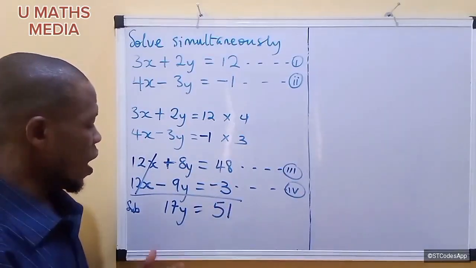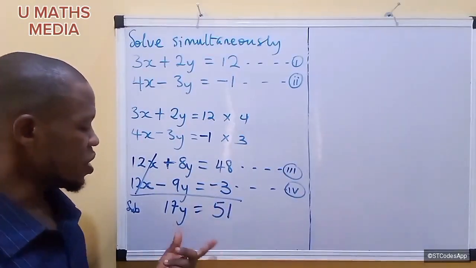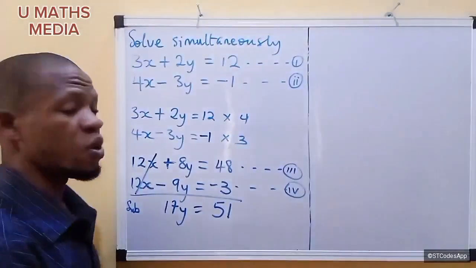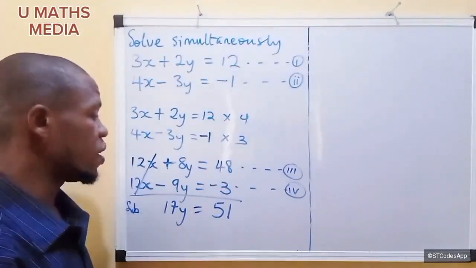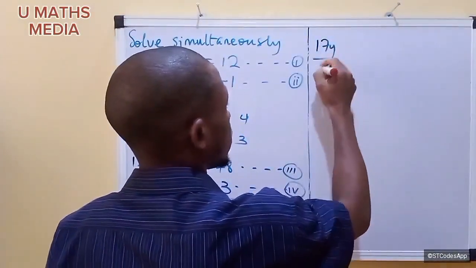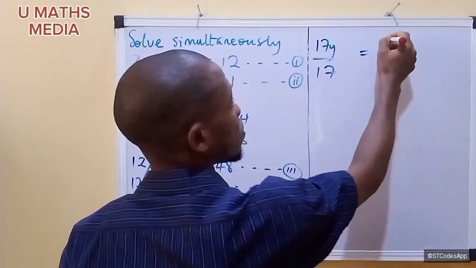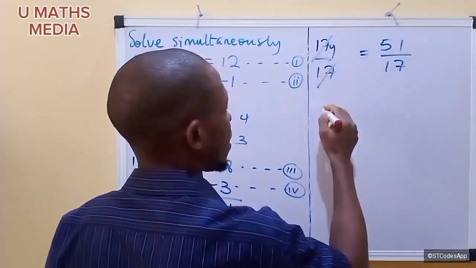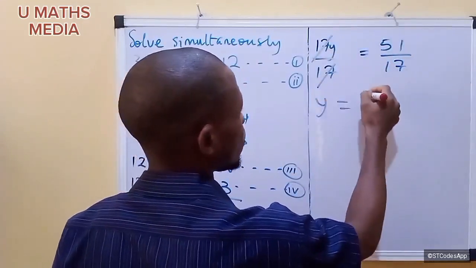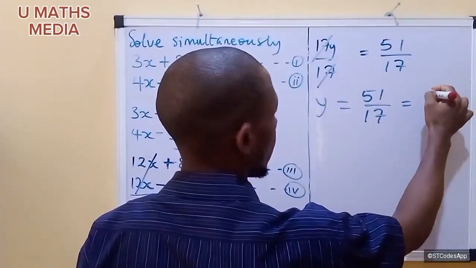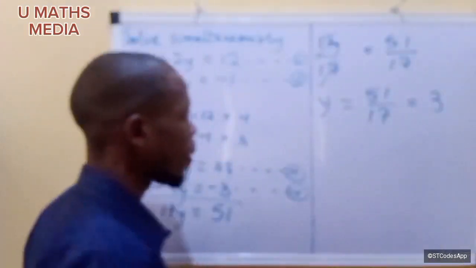Having simplified to this point, 17y equals 51, we're then going to find y by dividing both sides of the equation by the coefficient of y, which is 17. So 17y over 17 equals 51 over 17. 17 cancels out here. We're left with y equals 51 over 17, and that is equal to 3.